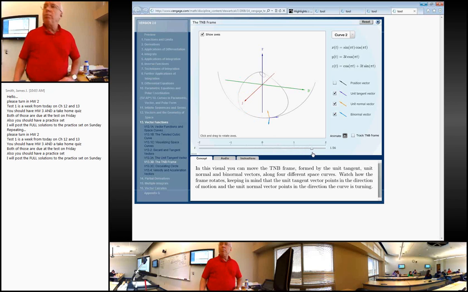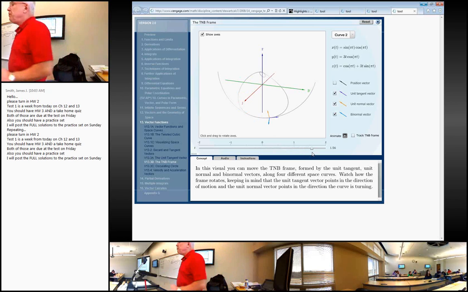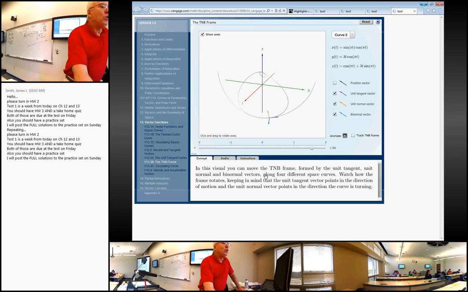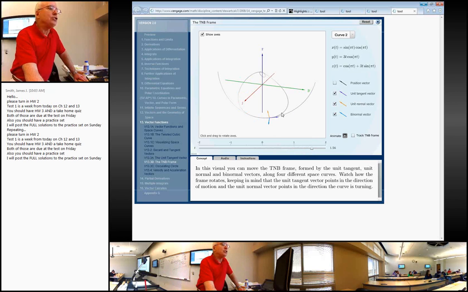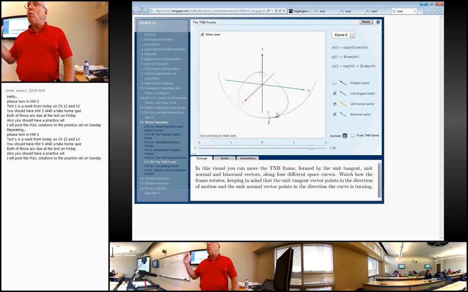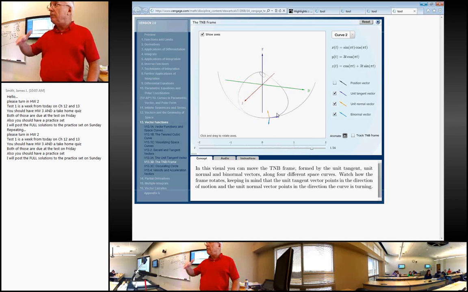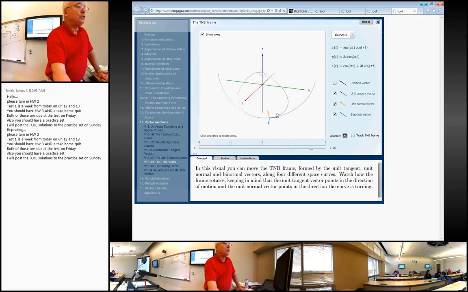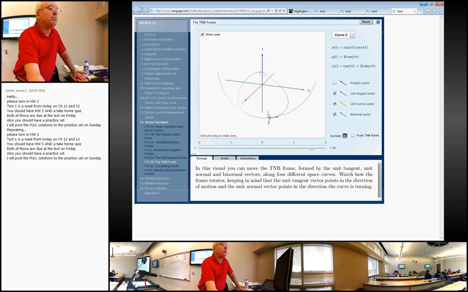One thing I want to point out here, as I'm moving these around, is that the orange unit normal vector is always going to point on the inside of the curve. Notice right now the orange vector is pointing this way. Now, as I keep moving this, let's go back.